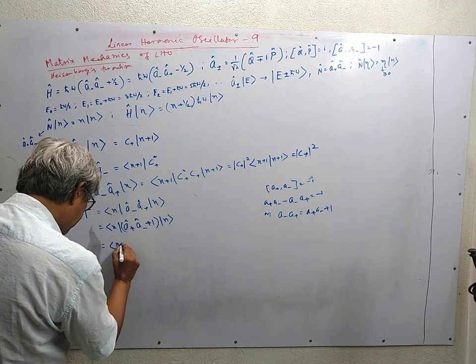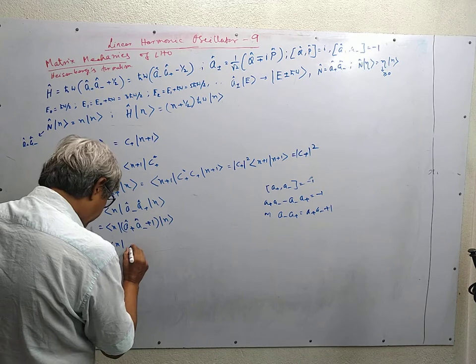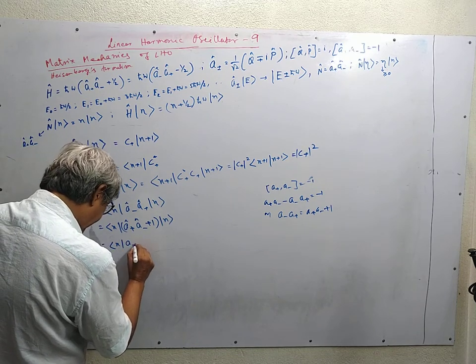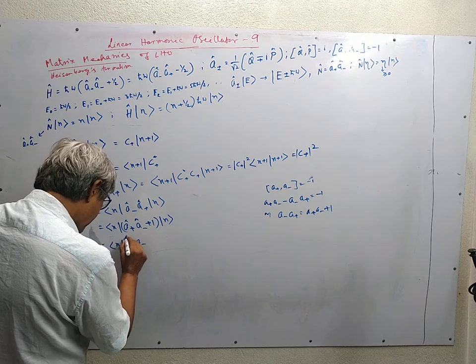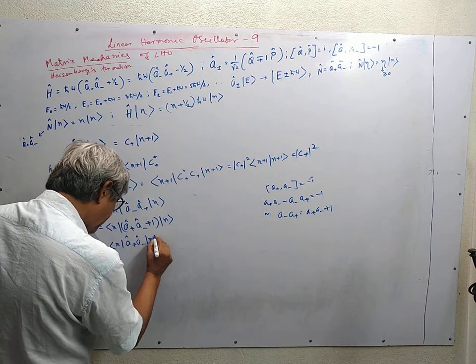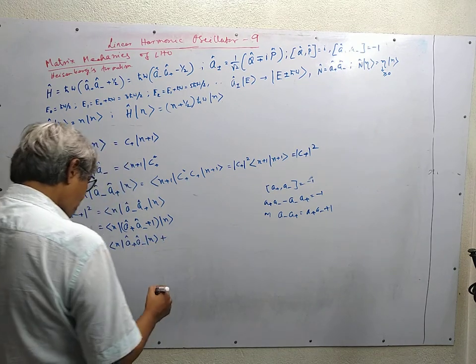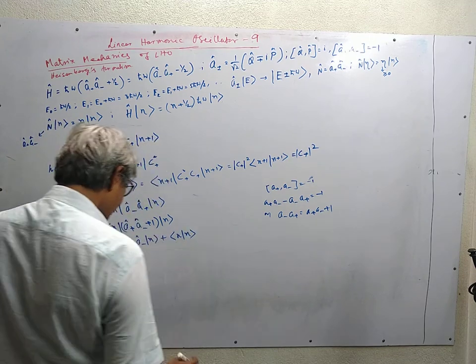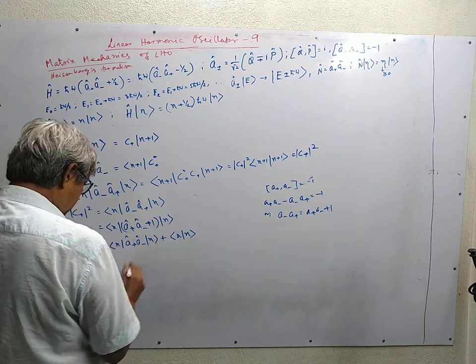Keep this fixed. When this operates on n, first let me break it into two terms, that will be easier for you. And then this is n.